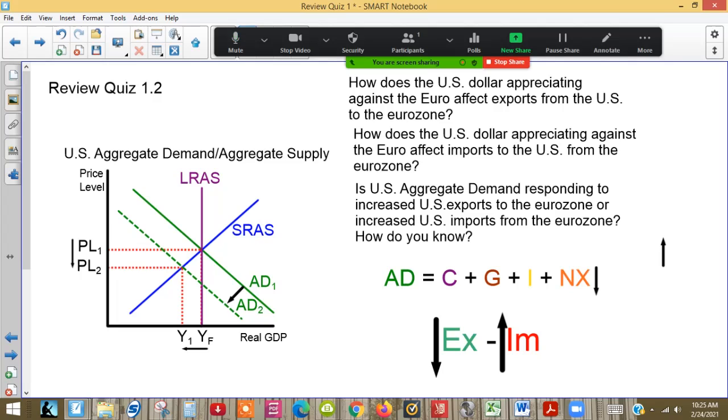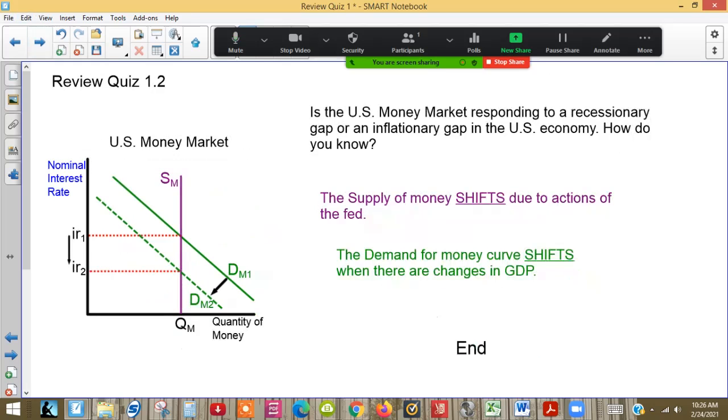So net exports going down decreases aggregate demand, which decreases the demand for money in the money market, which is going to lower nominal interest rates.